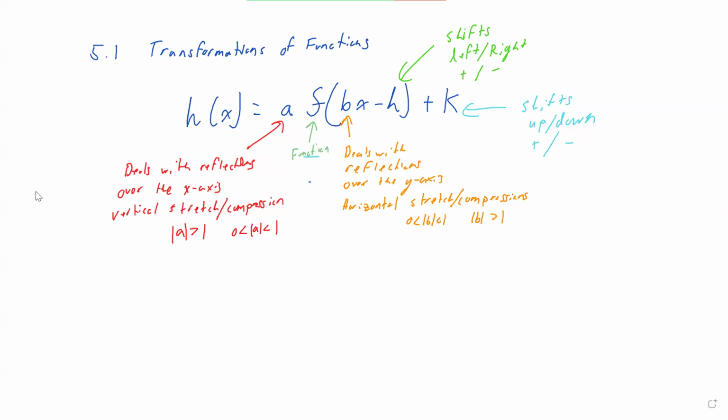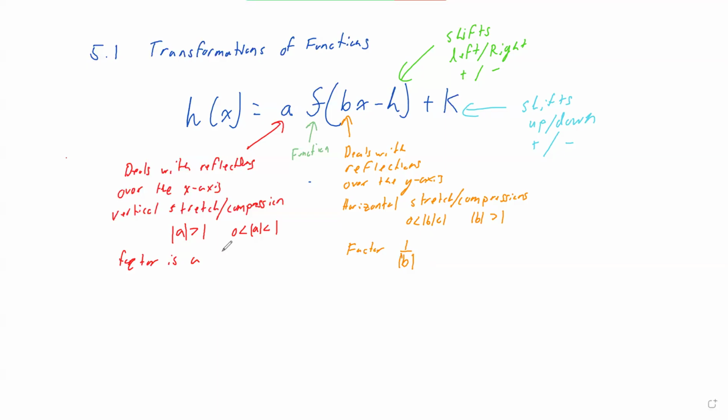Other thing too to note when you're trying to determine the factor of a horizontal, the factor will always be 1 over the absolute value of B. But whatever the B is, instead, like for vertical, the factor is what it is, A. So if A was 2, then I'm vertically stretching by a factor of 2.